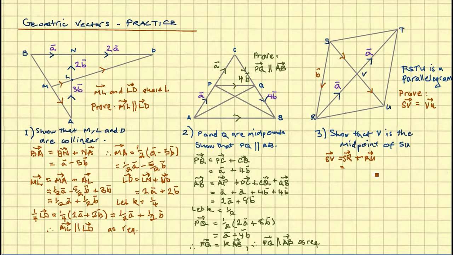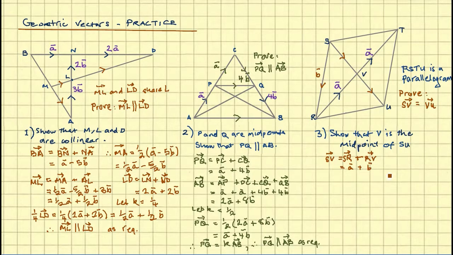What are we doing? R to U. We wanted R to V, didn't we? Whoops. So let's just erase that. No problem. So R to V is A, so just commuting as I'm going along, and S to R is B.